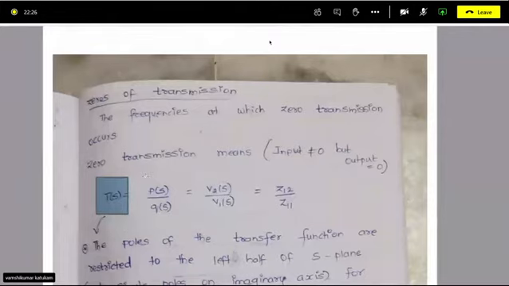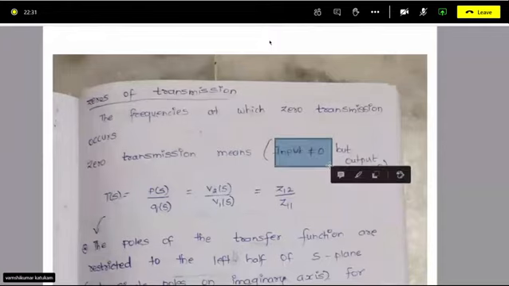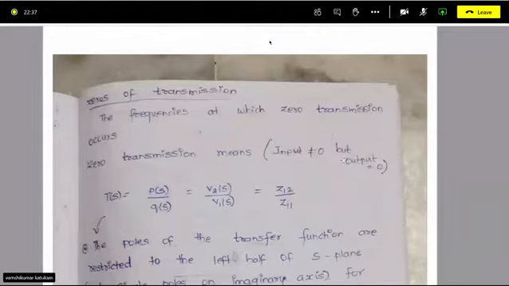Those are called zeros of transmission, the frequencies at which zero transmission occurs. That means you are equating the numerator to zero.